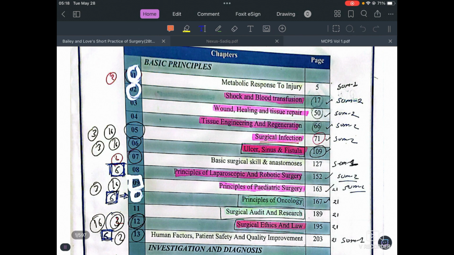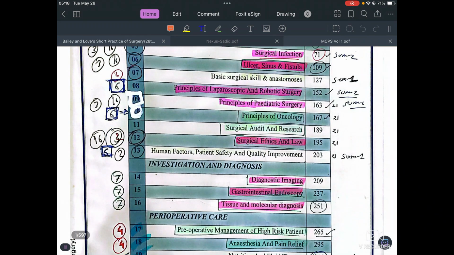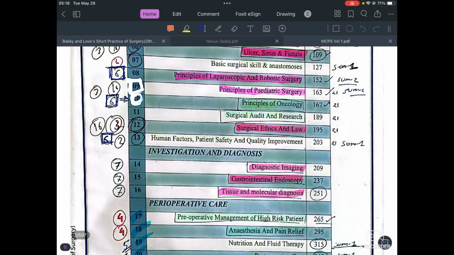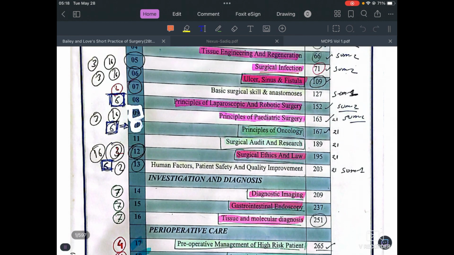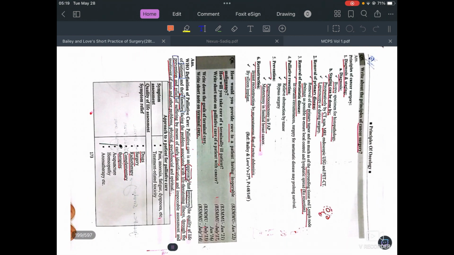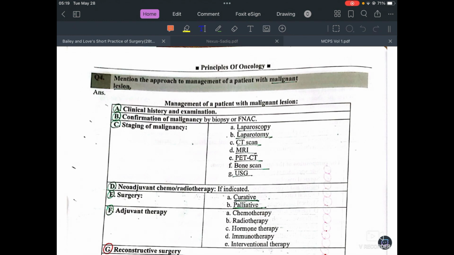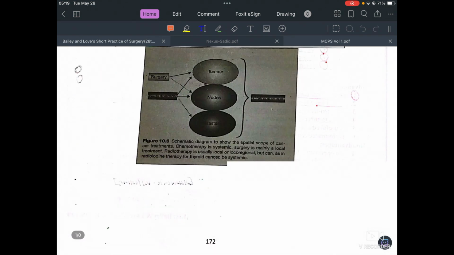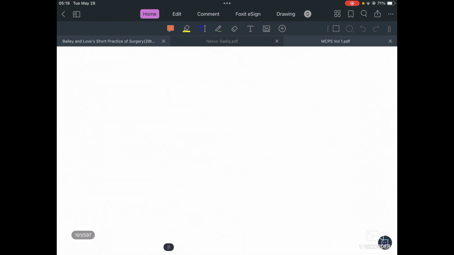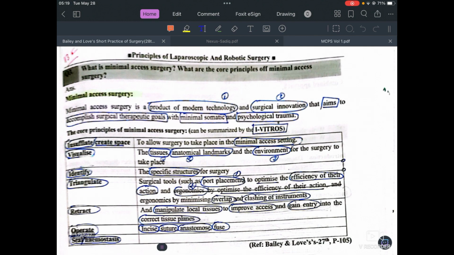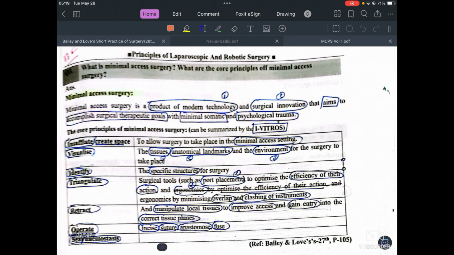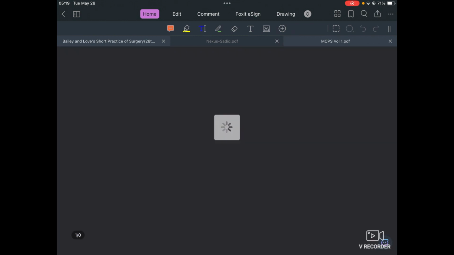So we have to go to the minimal access surgery. Okay, the question is here.